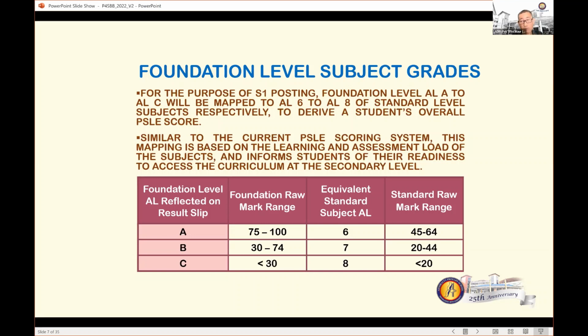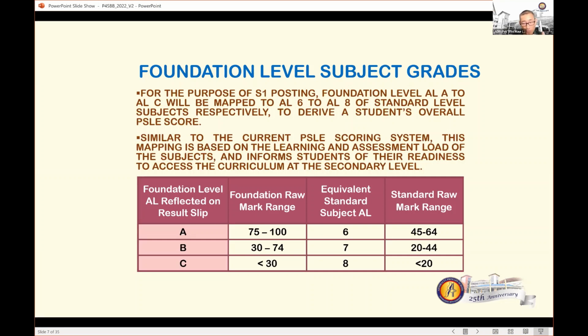But then again, I think we also want to mention that for mathematics, we are also very liberal. So there's a risk that we take. But generally, if it's very clear that the risk is too high, that the child will fall into an AL8, we will ask them to do a foundation subject.